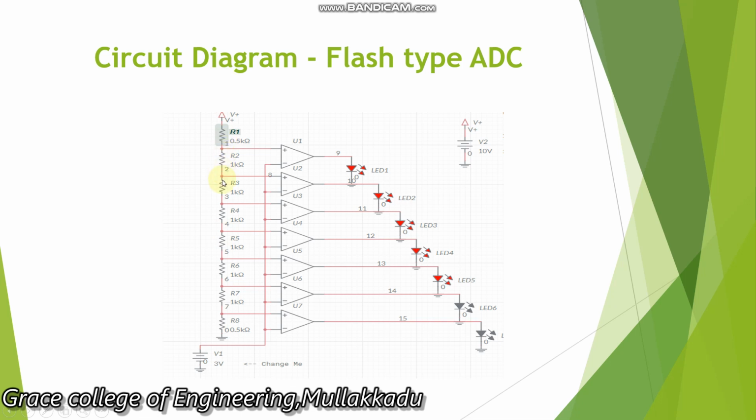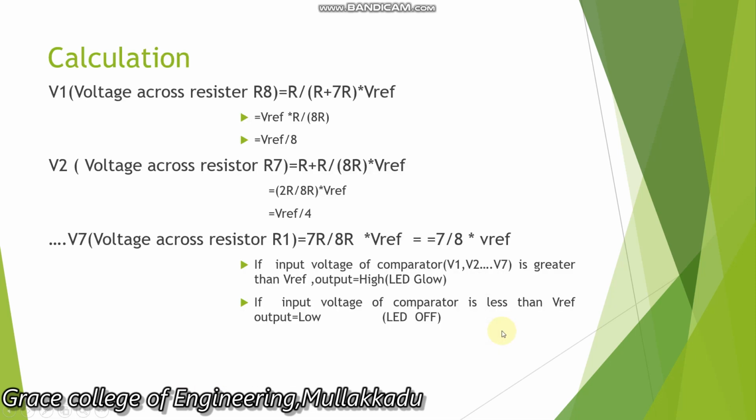In that way, at each point the voltage is divided and given as one input to the comparator, and it is compared with the Vin signal. We can change this Vin so that we can control the analog to digital output values.